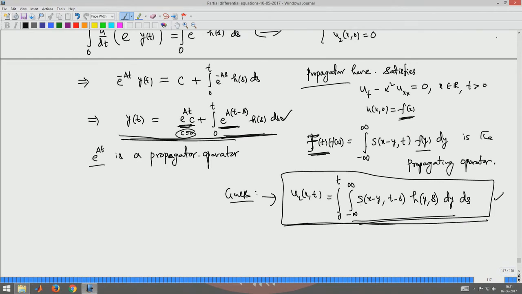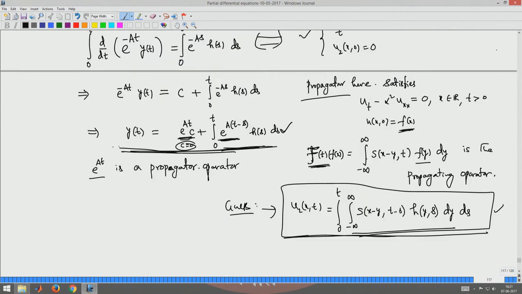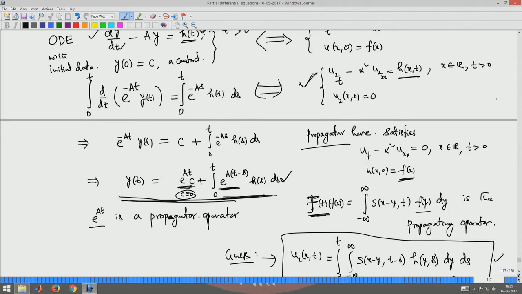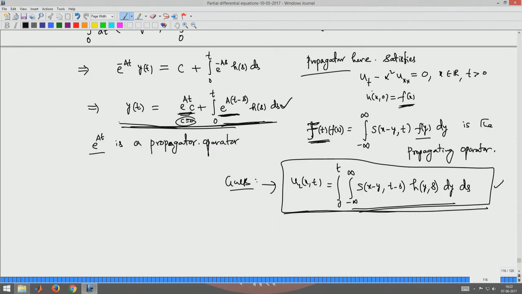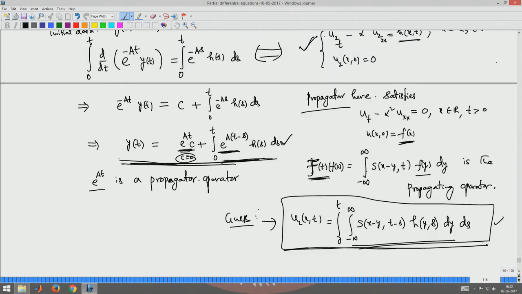So, if you want to say that this is the solution, you just have to verify it, okay. What you have to show is that it satisfies this non-homogeneous equation with this 0 initial data. You can easily see that at t equal to 0, this integral from 0 to 0 has to be 0. So, clearly it satisfies this initial data, and you just have to see that it satisfies the non-homogeneous equation.